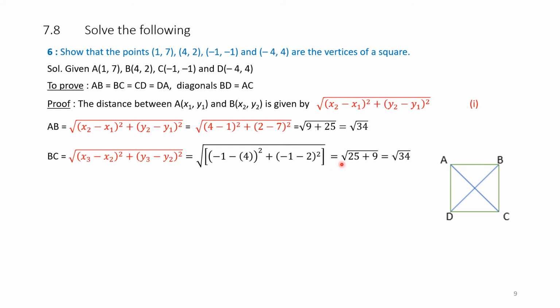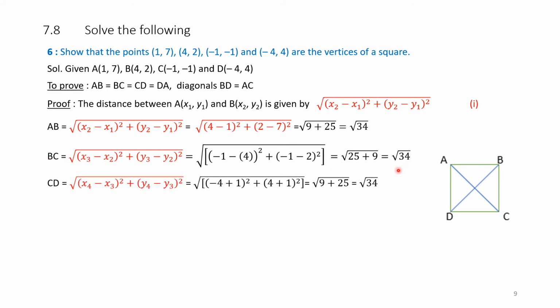Therefore, that becomes square root of 25 plus 9, which is equal to square root of 34. Therefore, we have calculated BC as square root of 34.